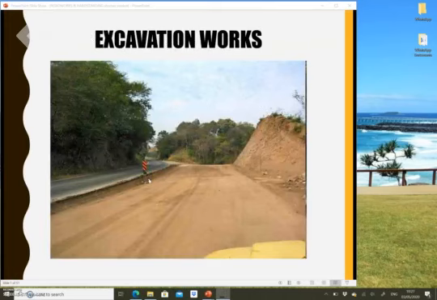So if you do excavation works for road and pavement, definitely you need to refer to section D of your SMM. And if you look at the section D of your SMM, excavation and earthwork, we have done this many times before. There are 5 main items that you need to consider. Excavation itself.